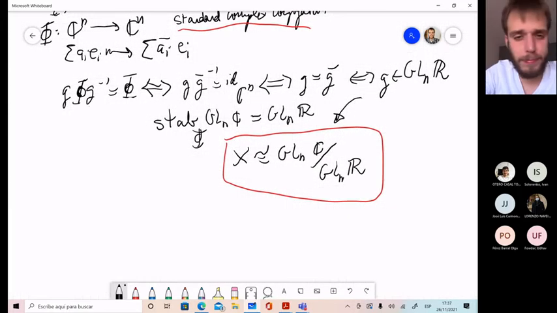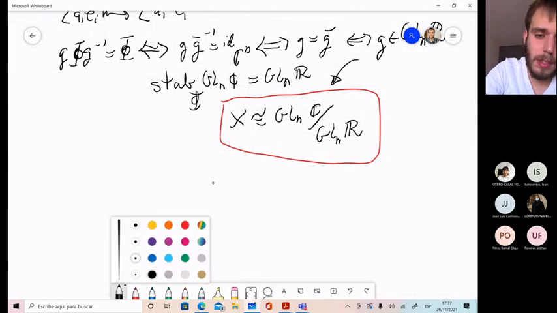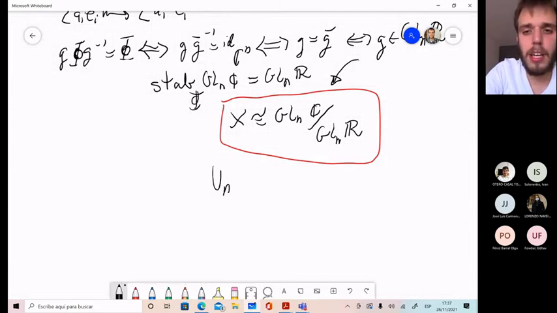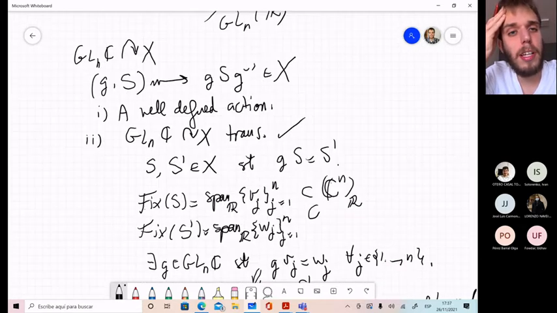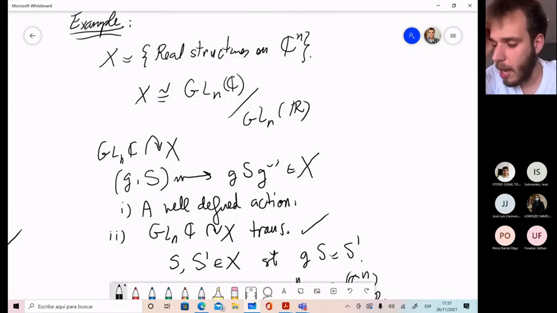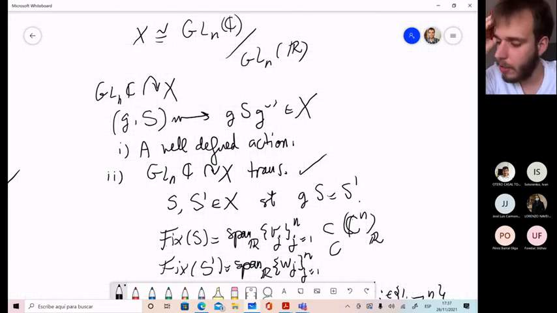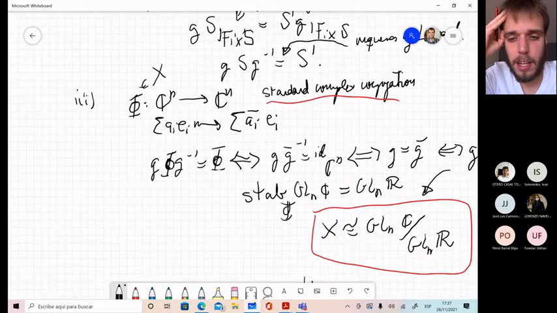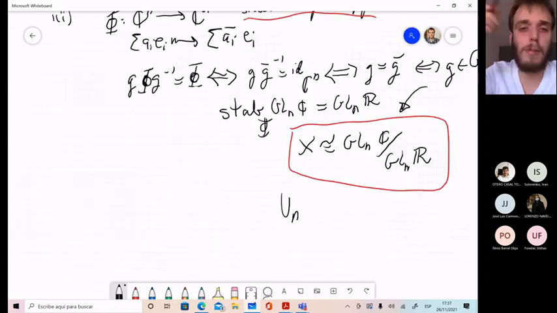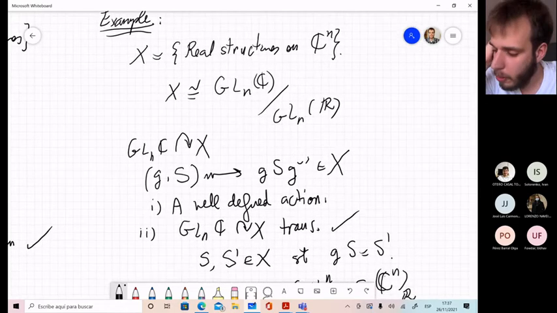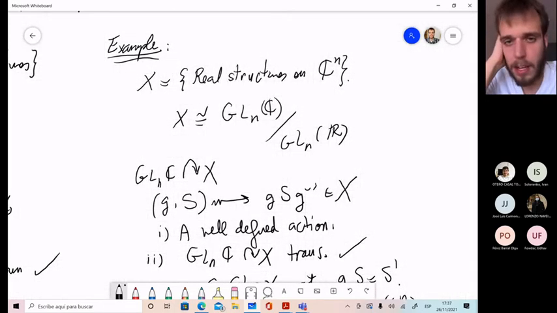Good. Instead of considering the GL_n(C) action over this set X of real structures on C^n, I am going to consider another action. I'm going to consider the action by conjugation, but this time by U(n). And now I am not considering just real forms in C^n, but those real forms in C^n preserving the standard Hermitian inner product.